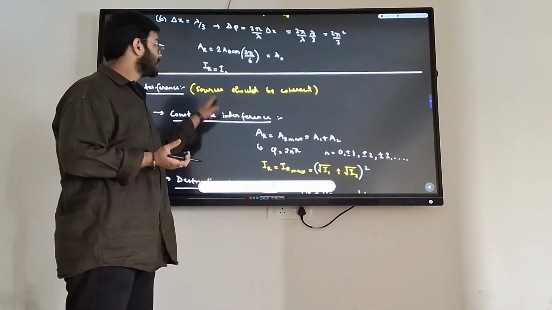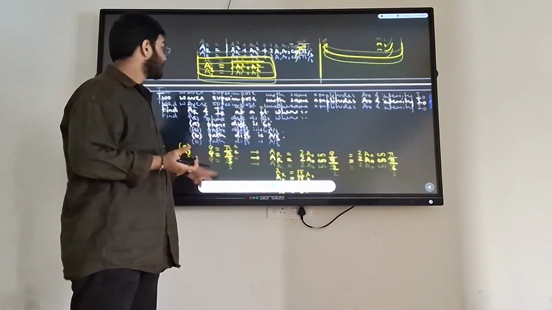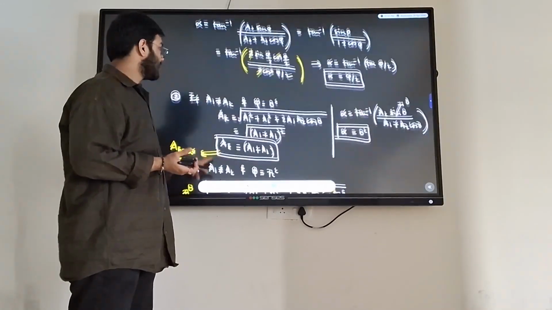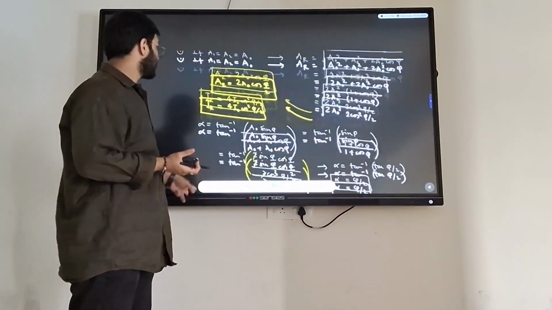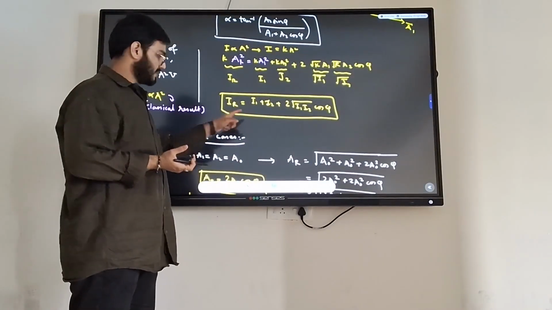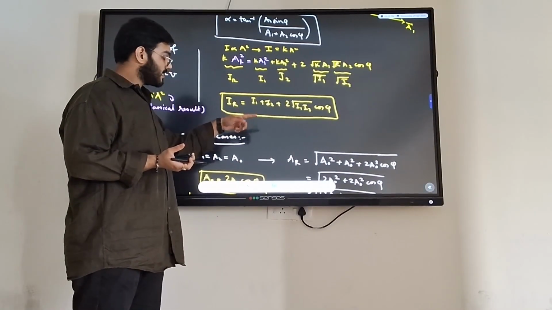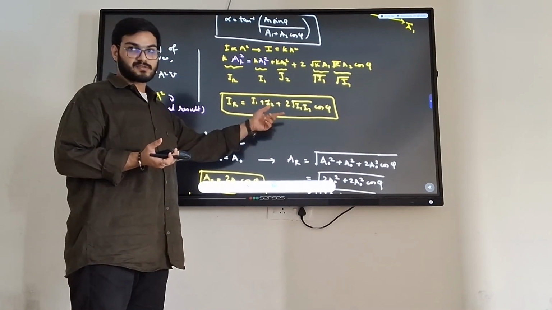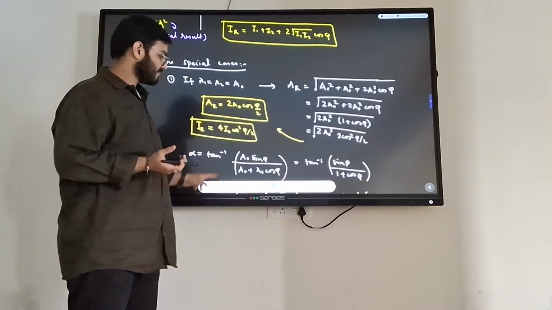Let's check. What did I write? I1 plus I2 plus 2 root I1 I2. Yes, this is written correctly. So if the phase difference is 0, then you will get root I1 plus root I2 the whole square, right?